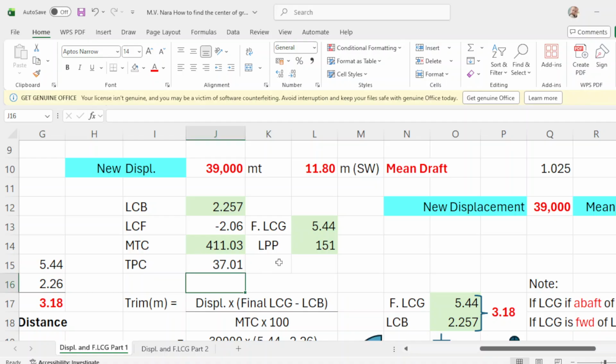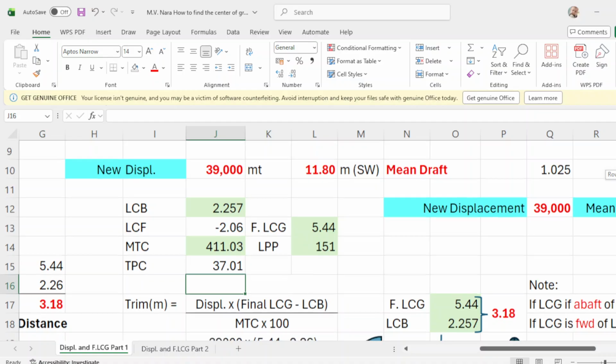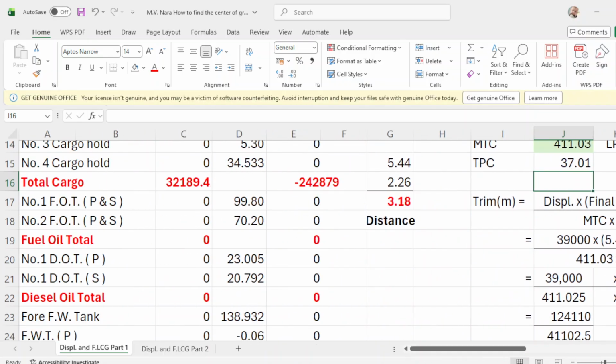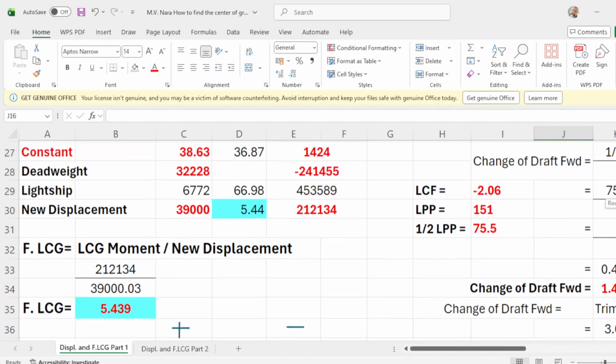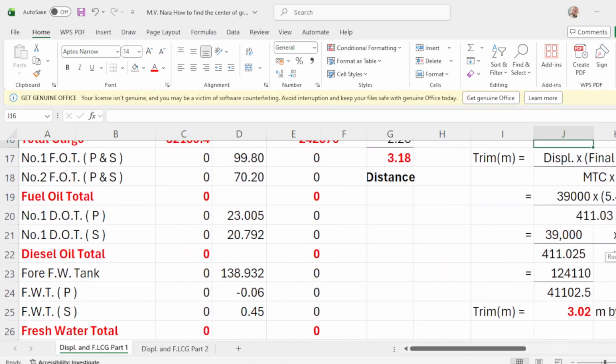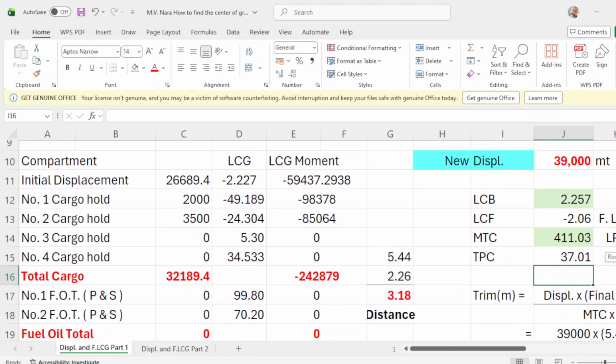Then your final LCG is 5.44, which is this one.